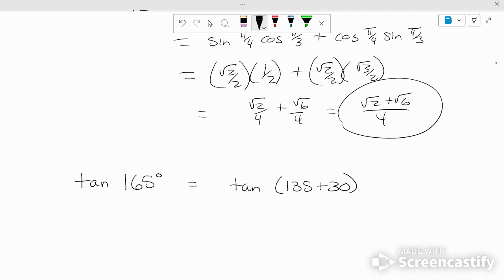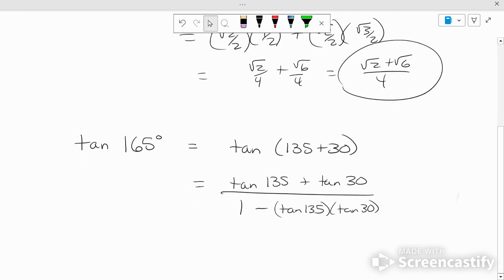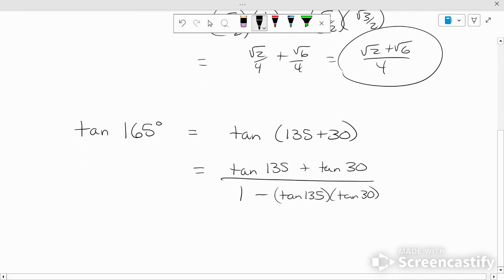Those are easy ones. So the tangent of 135 plus the tangent of 30 over 1 minus the tangent of 135 times the tangent of 30. And you're going, where did you get that? Well, you wrote that formula onto your note card. Tangent of a plus b is tangent of a plus tangent of b over 1 minus tangent of a times tangent of b.